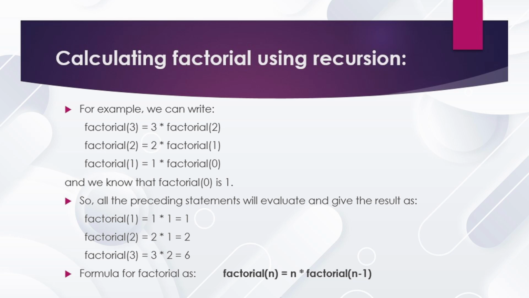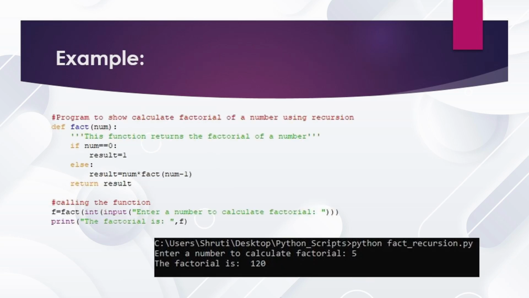Factorial of 2, which is 2 into 1, gives us 2. And factorial of 3, which is 3 into 2, gives us 6. So, we can write the formula for factorial as factorial of n is equal to n into factorial of n minus 1. Let us look at an example.